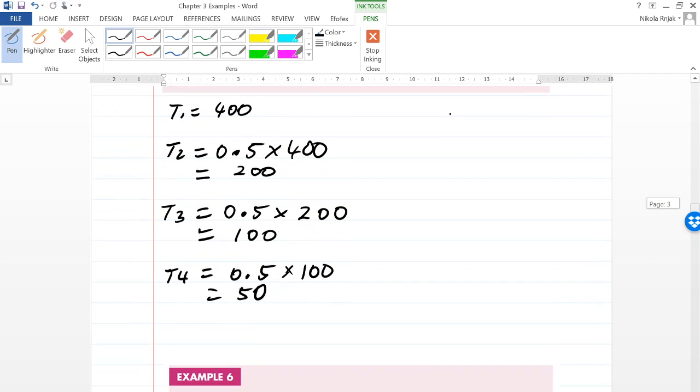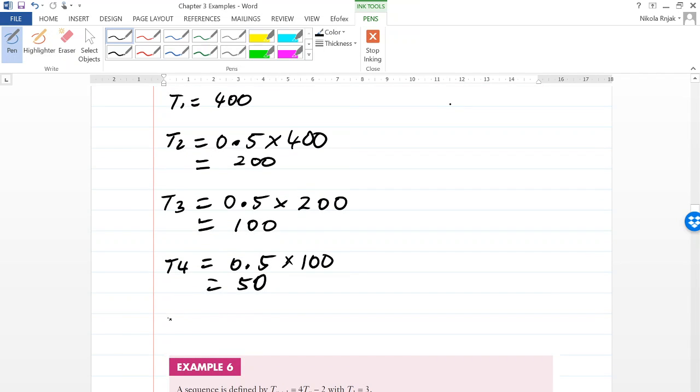So term 5 is going to be equal to half of 50, which is equal to 25. Okay. All right. Let's move on to example 6.